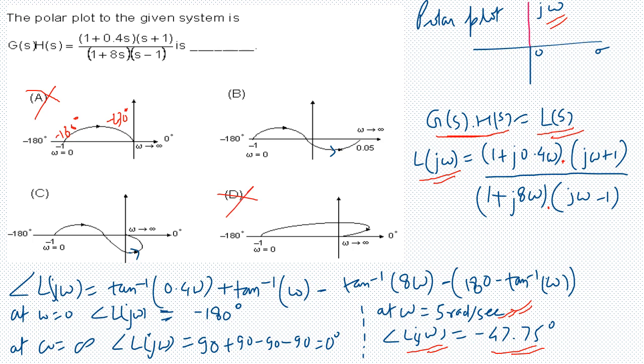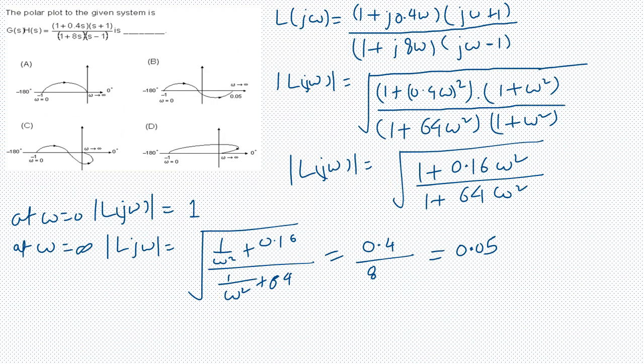Now we'll proceed and see how to construct the polar plot. We will find the modulus, or the mod, of this G(s)H(s), which is L(s).